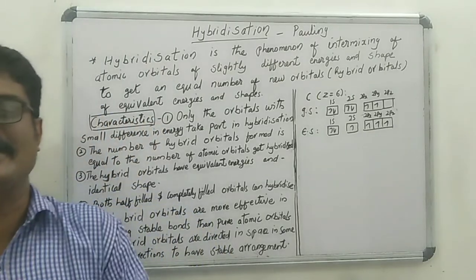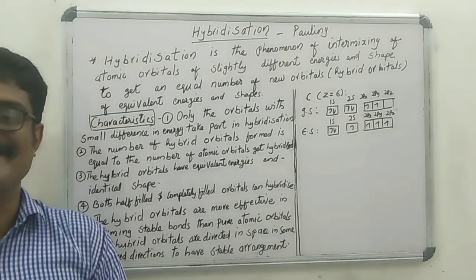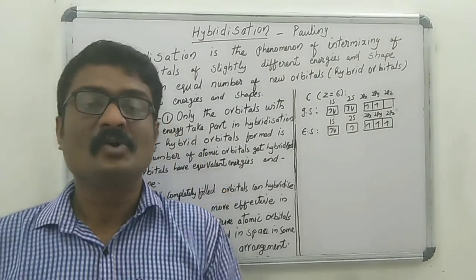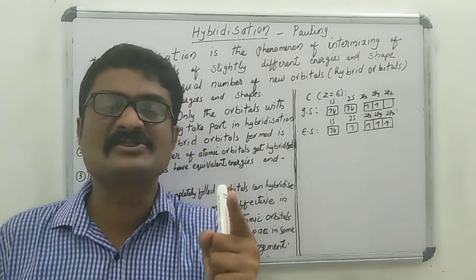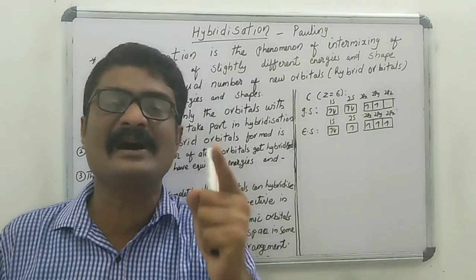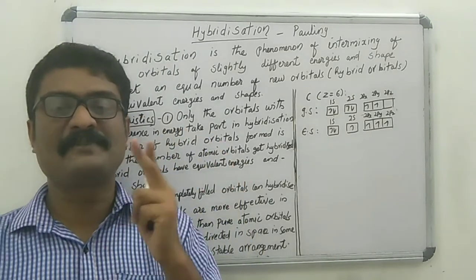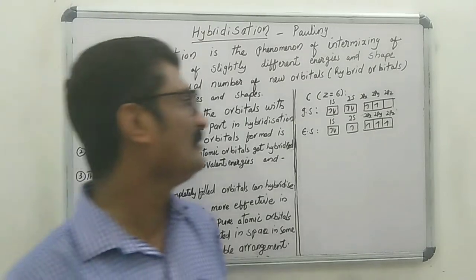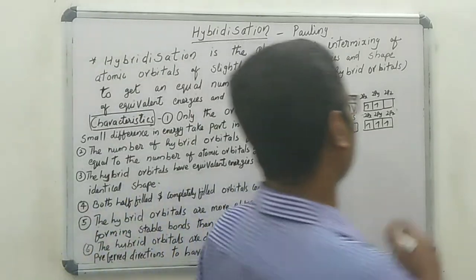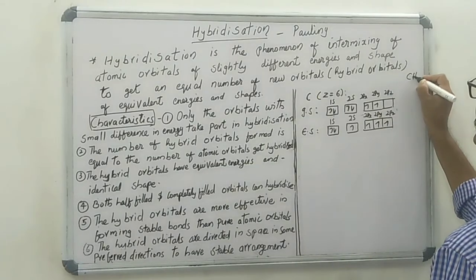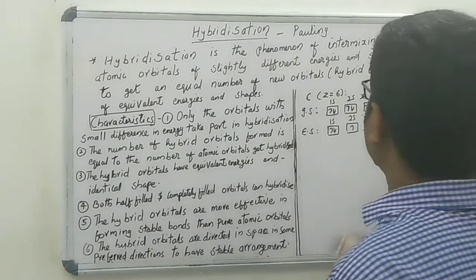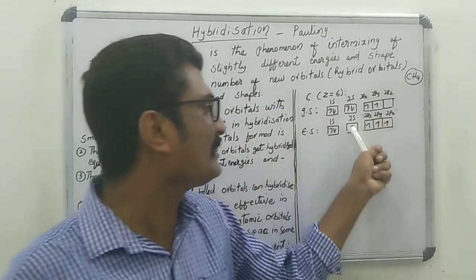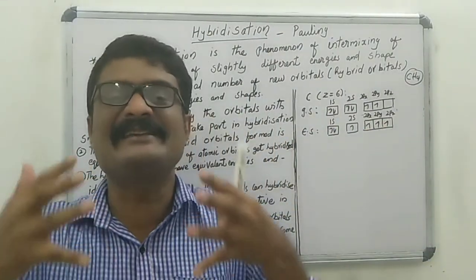Then what are the conditions for hybridization? The first condition: only the orbitals belonging to the same atom take part in hybridization. For example, in the formation of a methane molecule, only the atomic orbitals belonging to the carbon atom get hybridized, get intermixed.